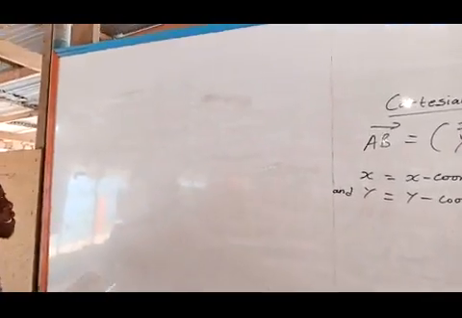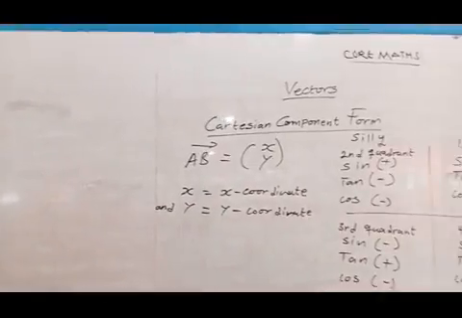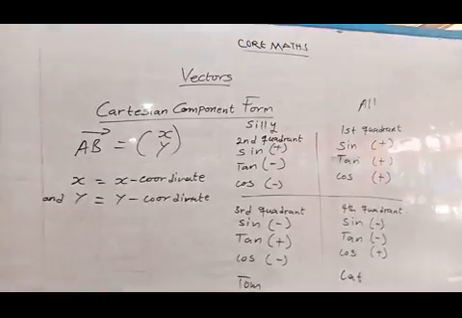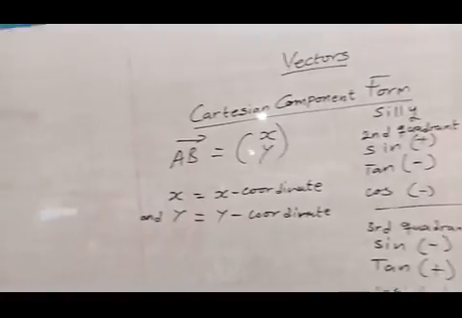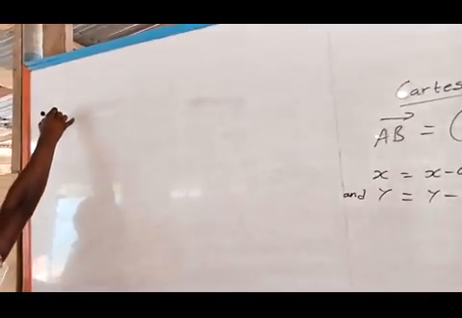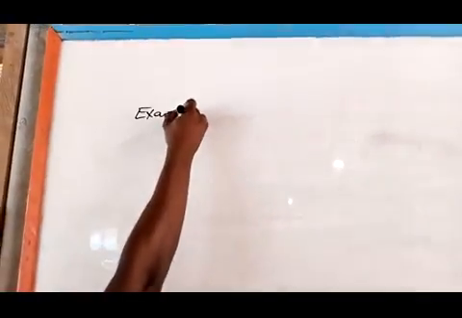All right, now let's go on to how to get the component form, or the Cartesian component form, given a vector in the bearing form, in the magnitude bearing form. Let's take a question as an example.